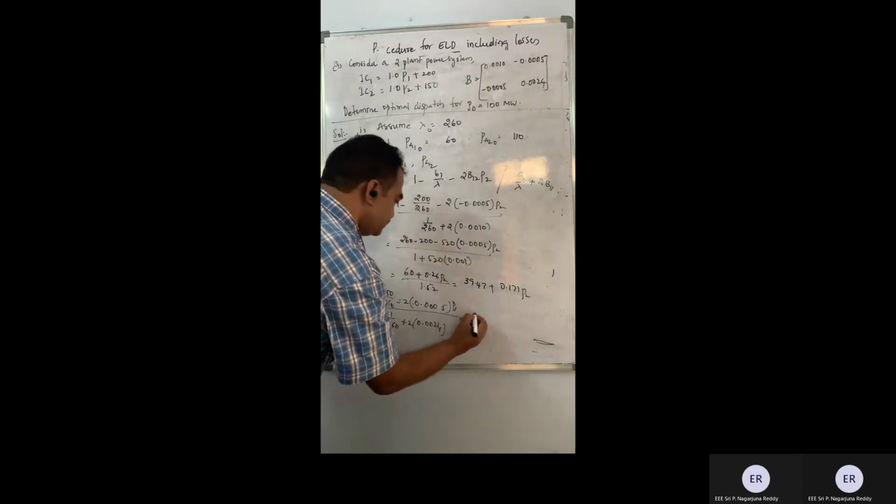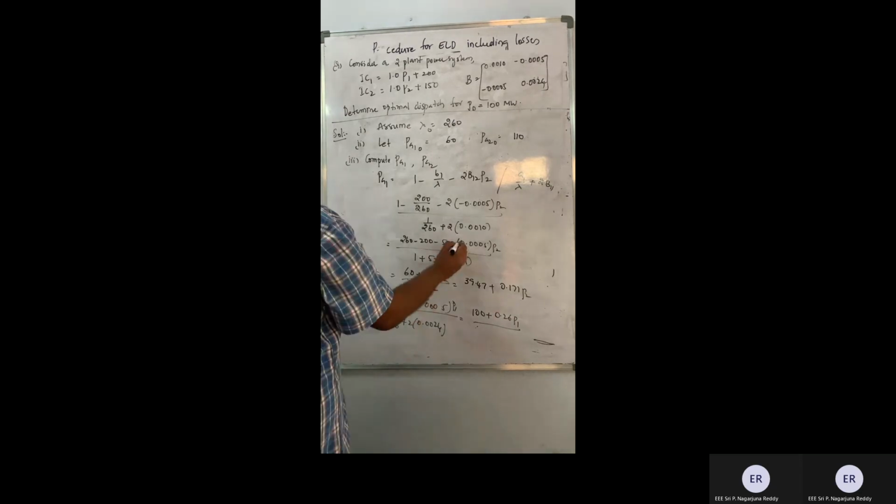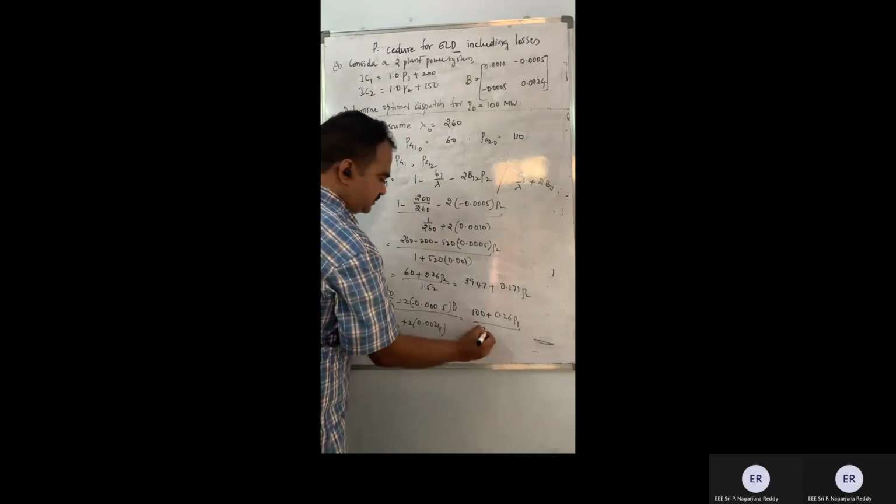So this is going to be 100 plus 0.26 P1, and that is 2.248.